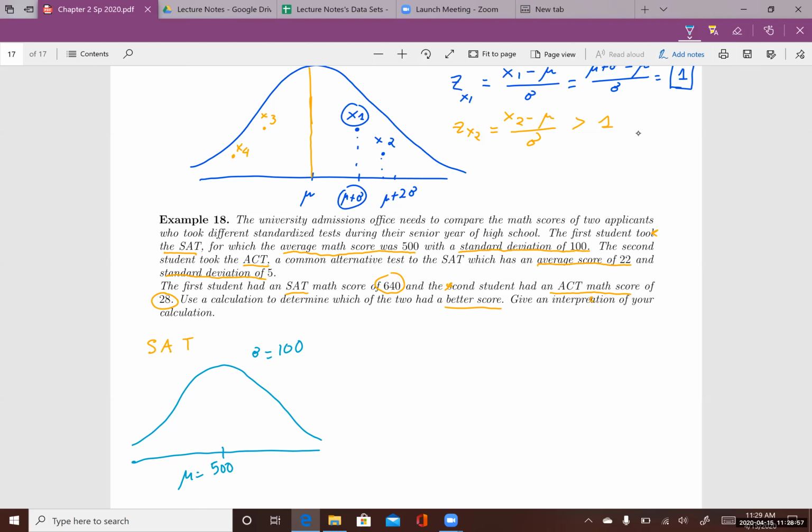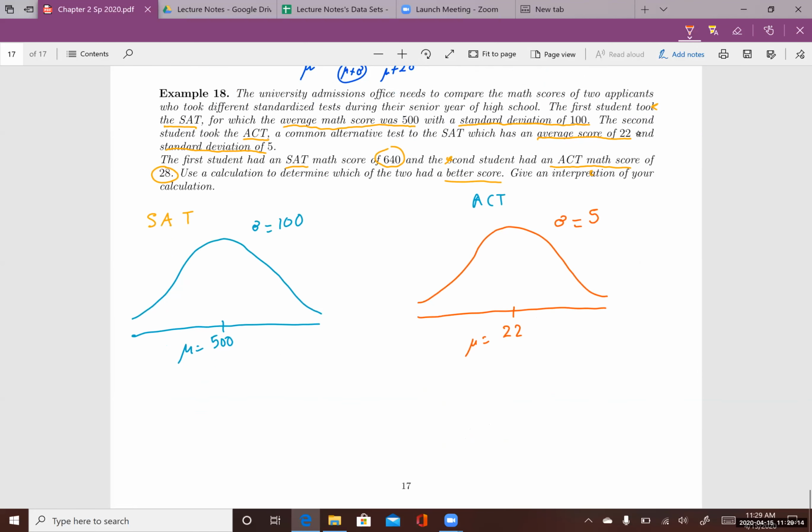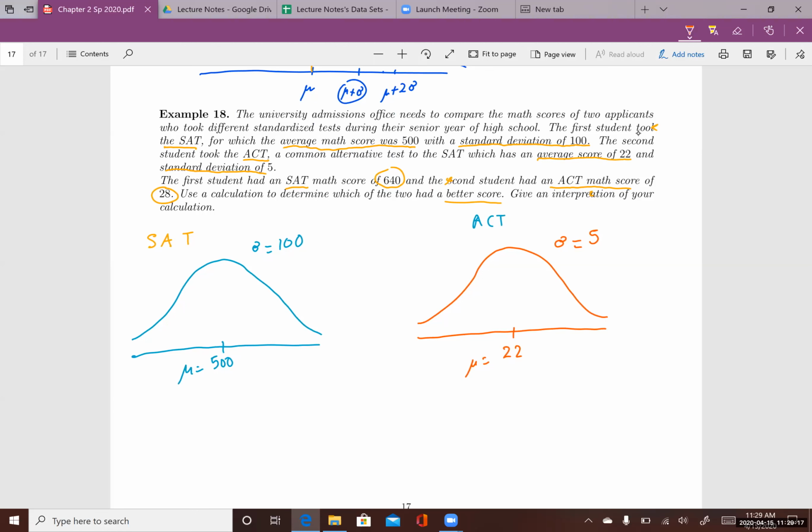For ACT, the mean is 22 and the standard deviation is 5. Now the first student took the SAT, so x1 is 640 and x2 is 28.